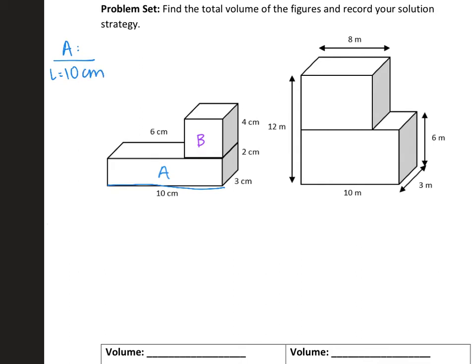Okay, we have a width of 3 centimeters. And we have a height of 2 centimeters. All right, that one was easy. They gave it to us. Okay, now we're going to do Prism B, find the dimensions.